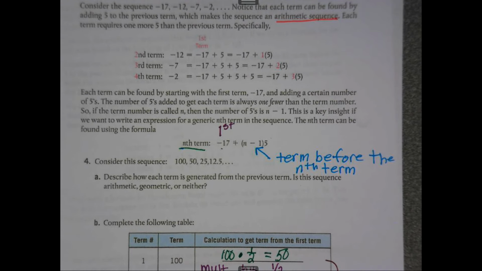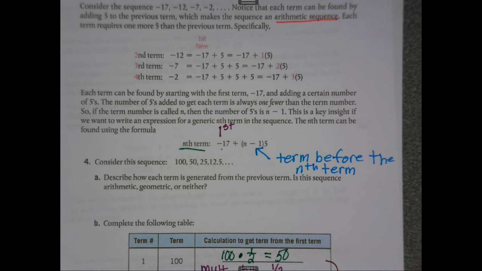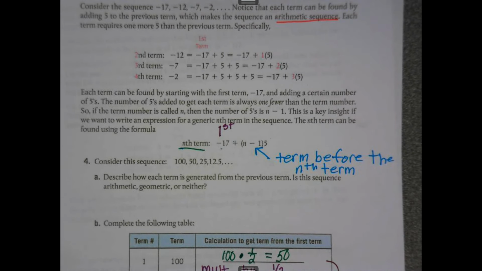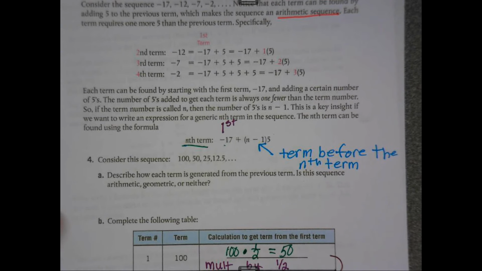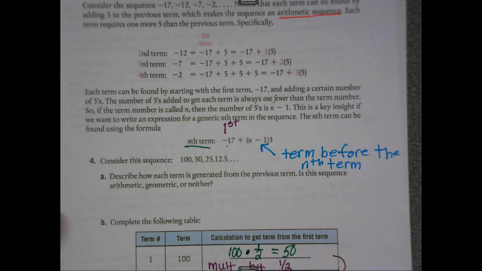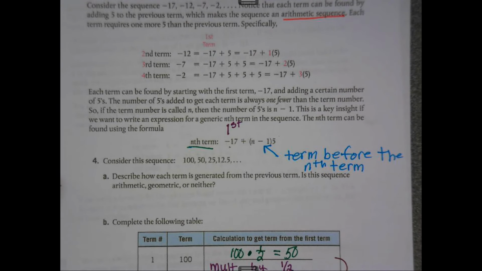Then to get to the sixth term, I'm going to take the fifth term and multiply by a half. So 6 and a quarter, half of 6 is 3, half of a quarter is an eighth, and I think that's 3.125. Okay, so I completed the table.